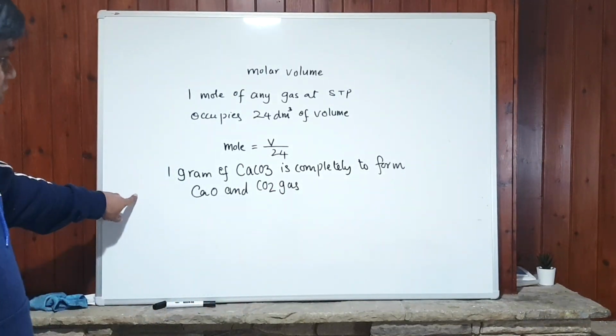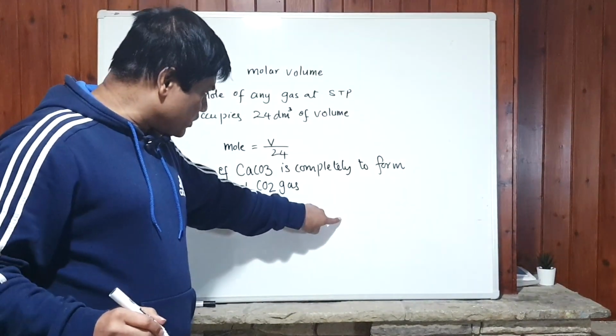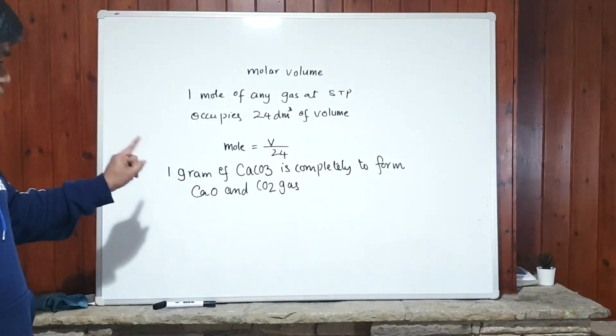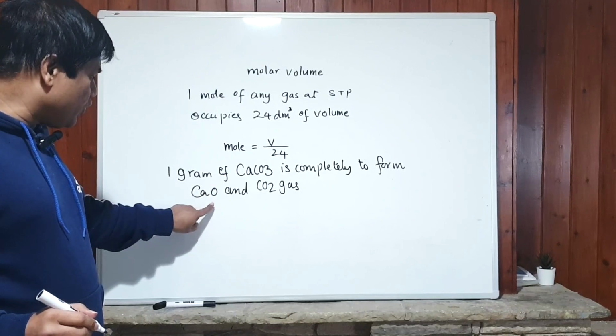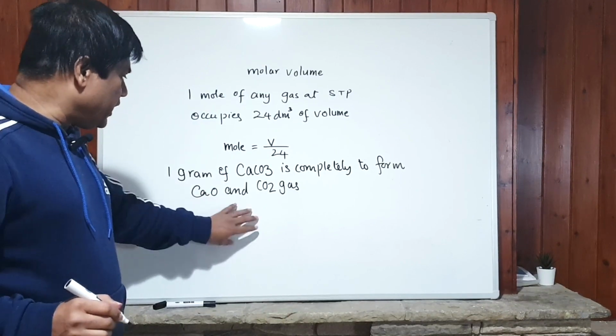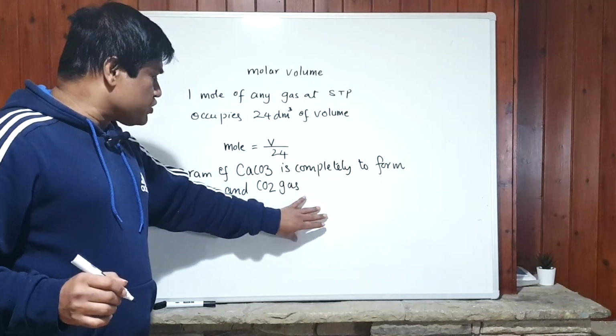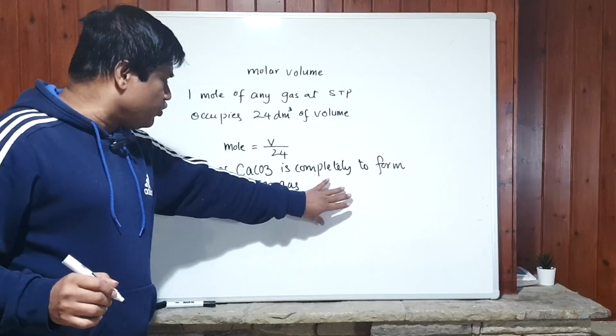We did this question in my previous videos. For that question, we worked out the mass of the calcium oxide formed. Here we are working out the volume of the carbon dioxide gas formed.